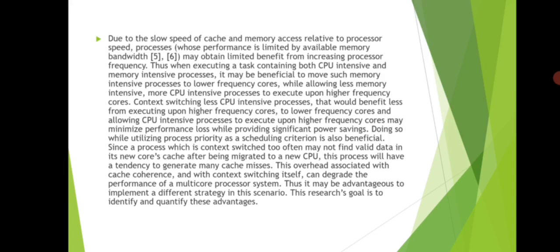Due to the slow speed of cache and memory accesses relative to the processor speed, processes whose performance is limited by the available memory bandwidth may obtain limited benefit from increasing processor frequency. It may be beneficial to move such memory intensive processes to the lower frequency processors, improving the performance of a multi-core processor system.